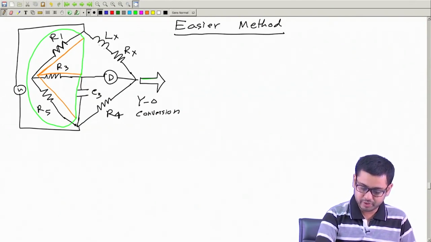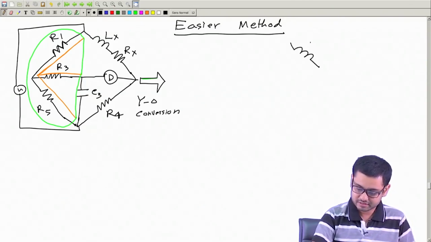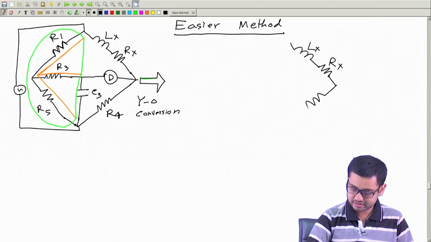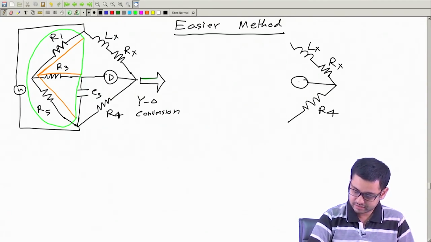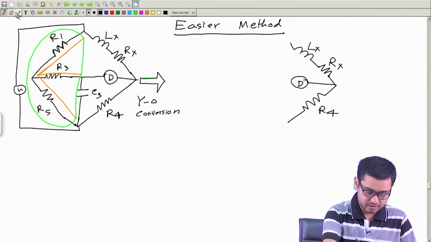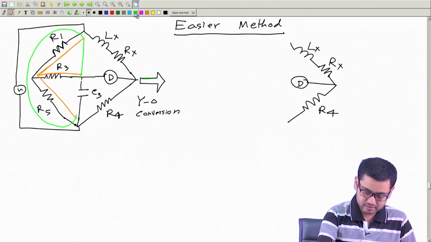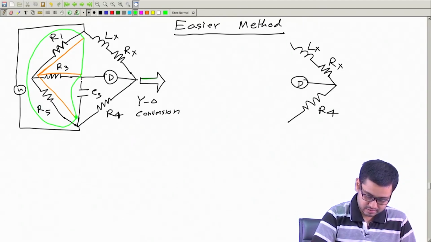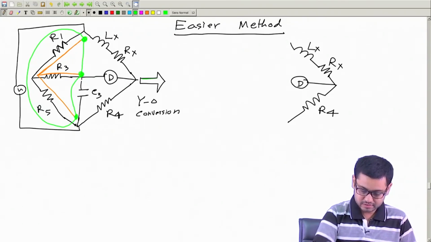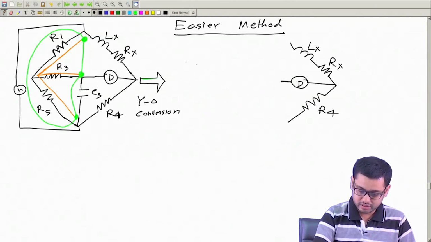In the equivalent circuit, this branch will remain as it is, this will remain as it is, then the detector, and even this capacitor will remain as it is. So C3 stays as it is.